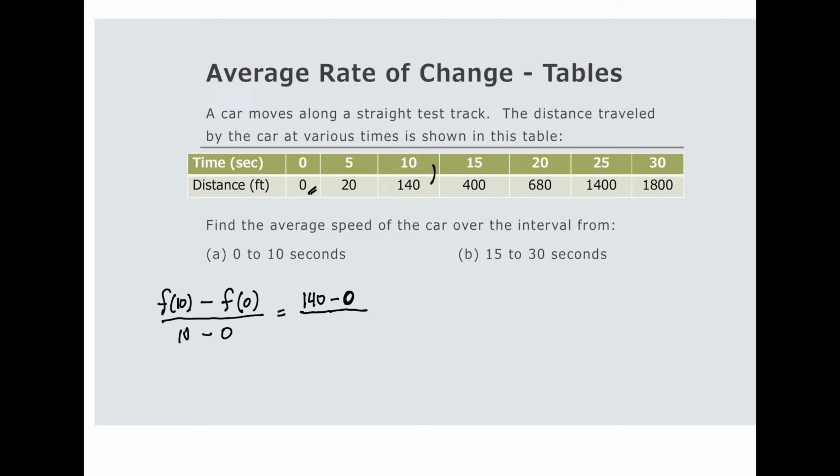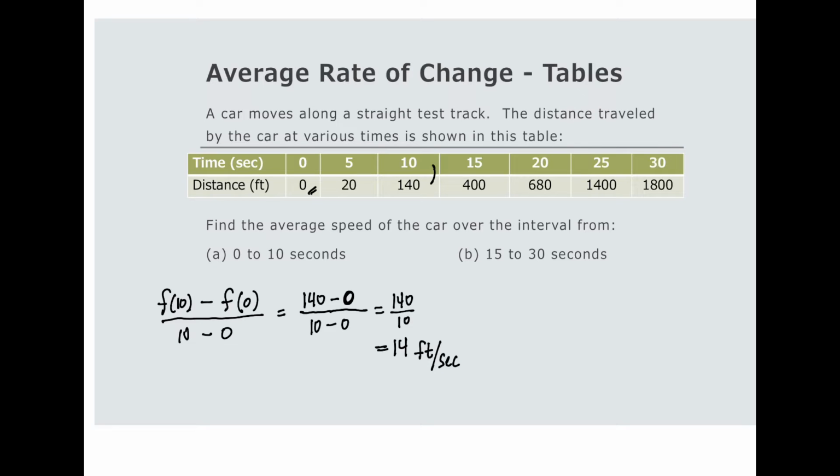And on the bottom, we're going to go 10 minus 0. So because of those zeros, we see this is simply 140 divided by a 10, which is 14. This would be 14 feet per 1 second, or 14 feet per second.